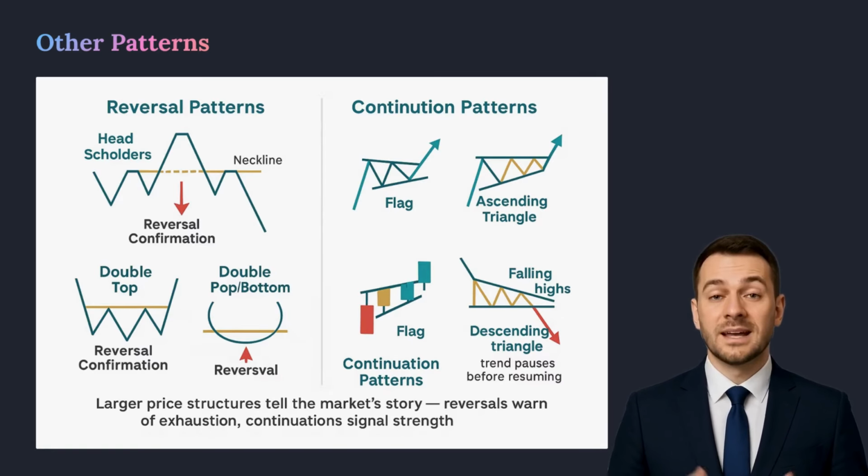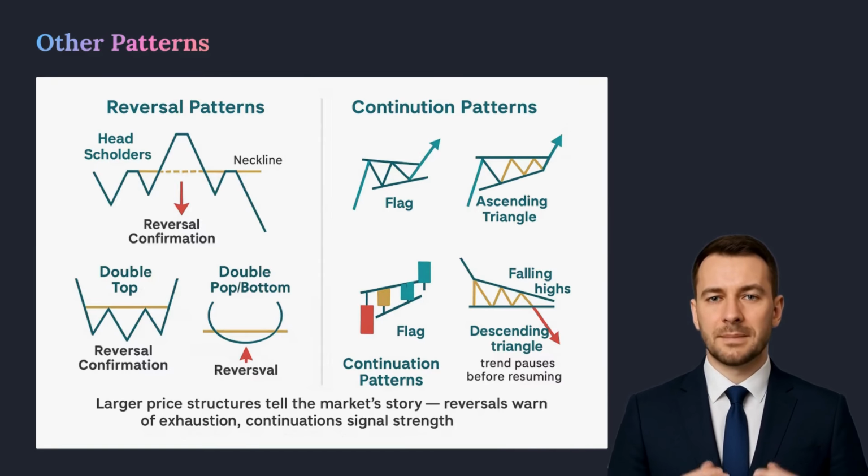It's worth noting that larger multi-candle patterns or formations also guide price action traders. Reversal patterns such as head and shoulders, double tops, bottoms, or wedges on the chart indicate a trend may be ending. Continuation patterns like flags, pennants, and triangles signal that the trend took a brief pause and is likely to resume.